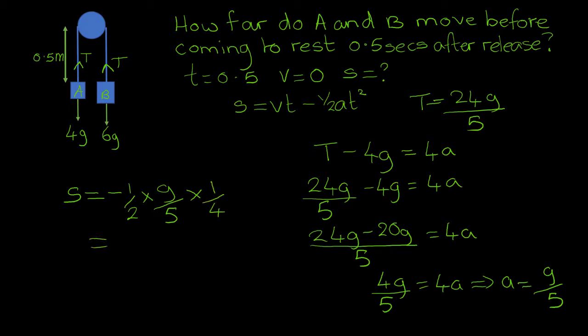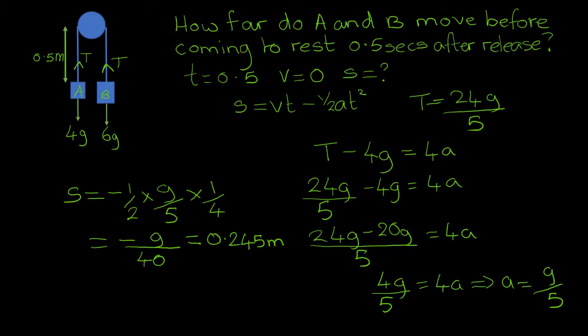So altogether that's minus G over 40, and then if we work that out, that becomes 0.245 meters. Now I've kind of lost the minus because it's a bit irrelevant. One of them's moving up 0.245 meters, the other one's moving down 0.245 meters.